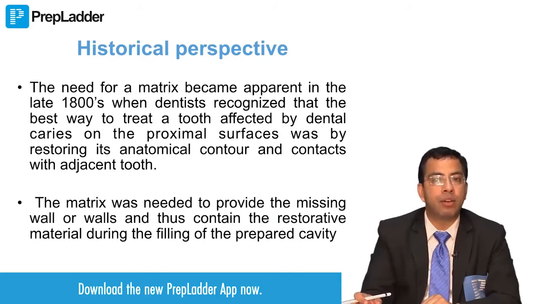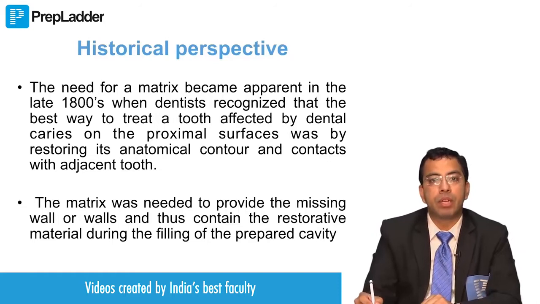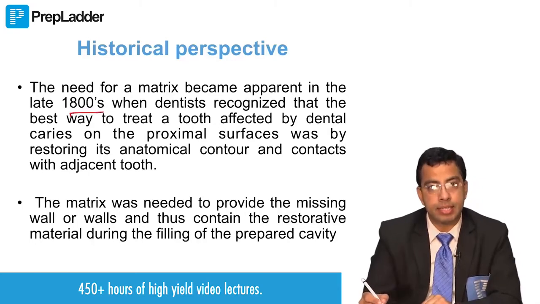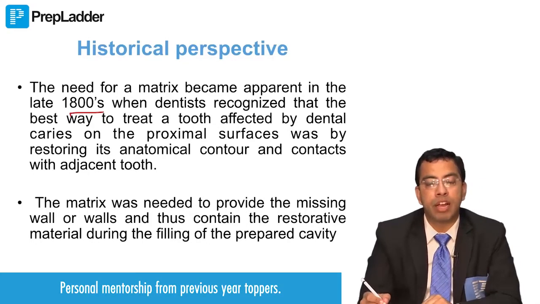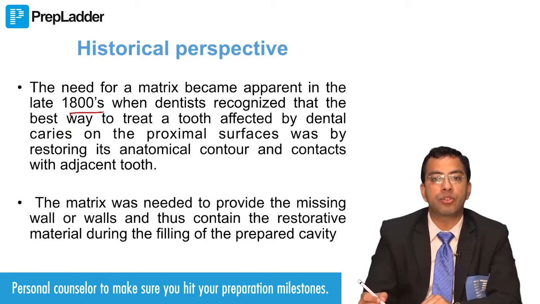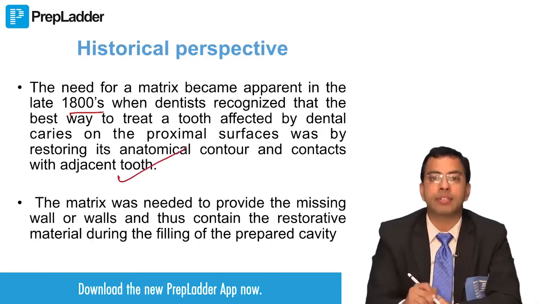Let's have a look at the brief historical perspective. The need for the matrix became apparent in the late 1800s, when dentists recognized that the best way to treat a tooth affected by dental caries on the proximal surfaces was restoring the anatomical contour and contact with the adjacent tooth.